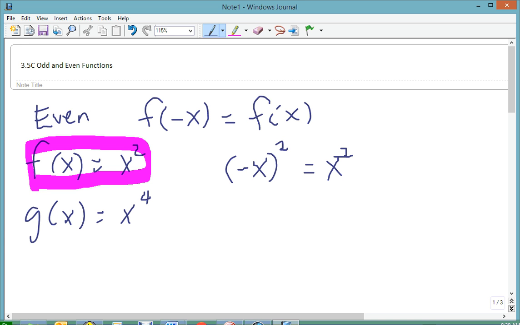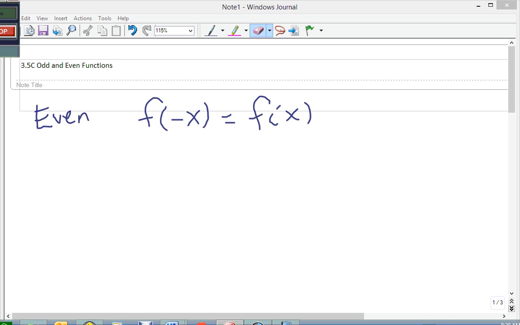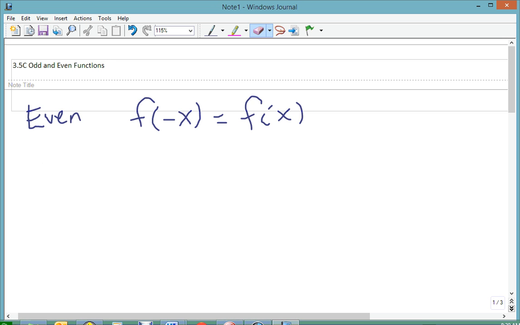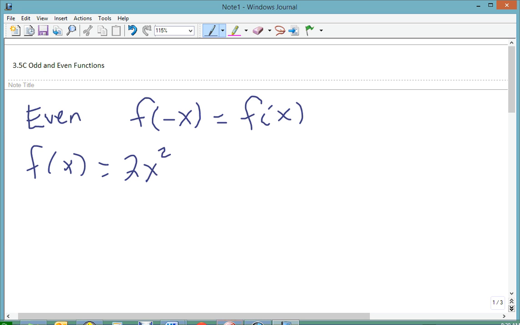So the real question comes in when we start combining these basic functions, right? Let's see if we have some function that combines several things. Say we have like 2x squared plus x plus 4.